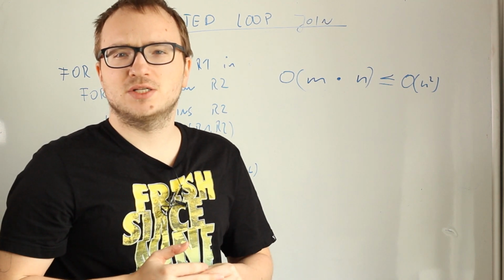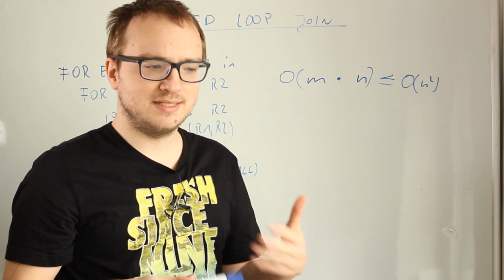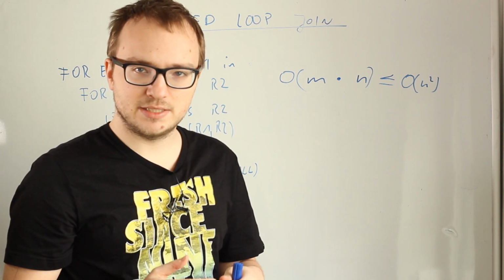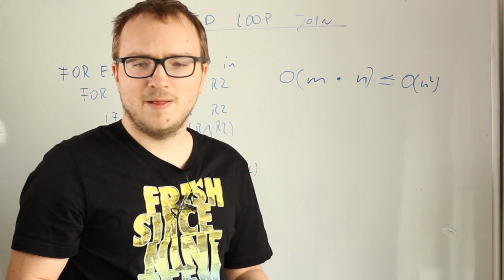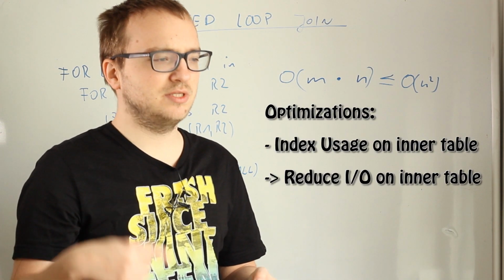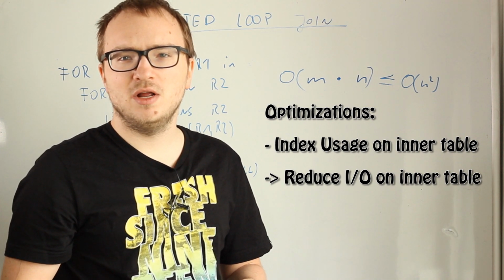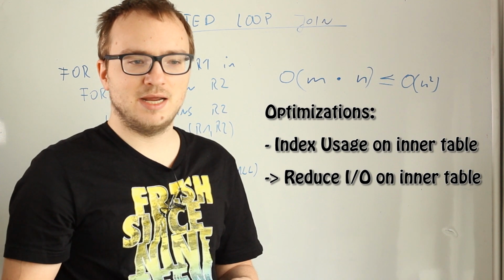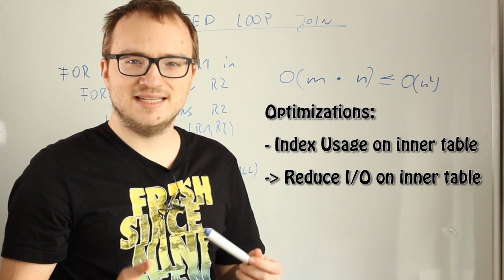So how does the optimizer try to optimize the nested loop join at its best? Basically there are 2 techniques. Overall, the optimizer tries to minimize the I/O on the inner table, since the inner table is used every time for each outer row, and thus it tries to put the table that has an index on it as the inner table.